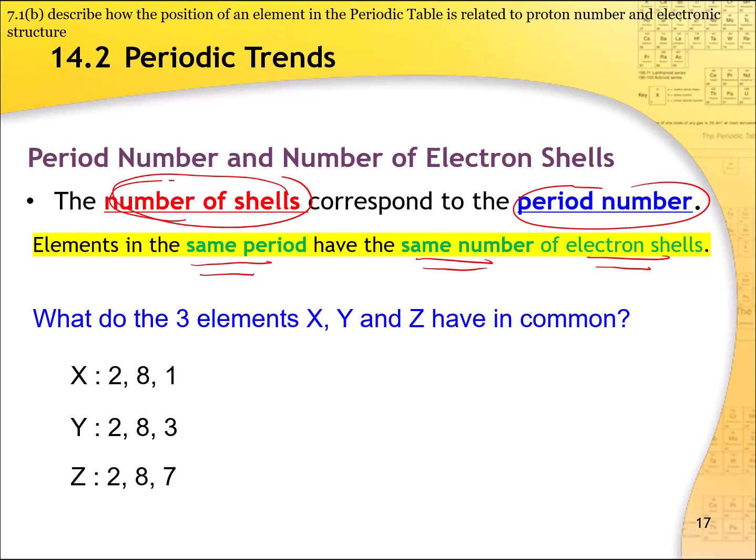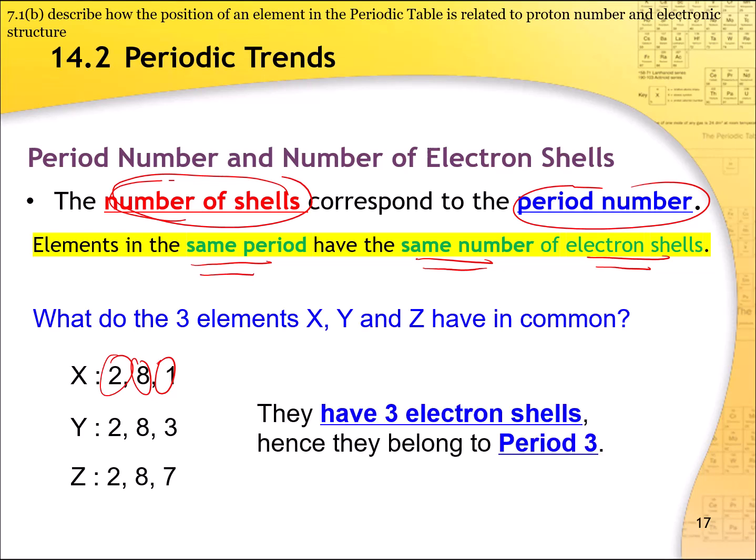This is the electronic configuration of X, Y, Z. Look very carefully. The number here, for example 2, 8, 1, represents 3 shells. So all 3 of them have 3 electron shells. When asked what they have in common, you must say they all have 3 electron shells, and hence they all belong to period 3.